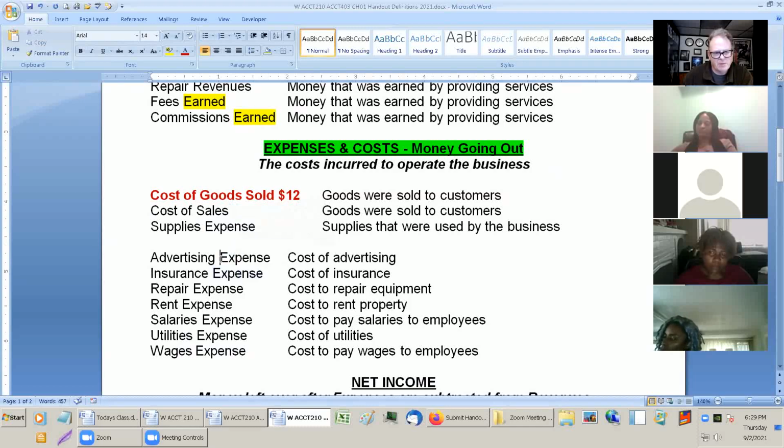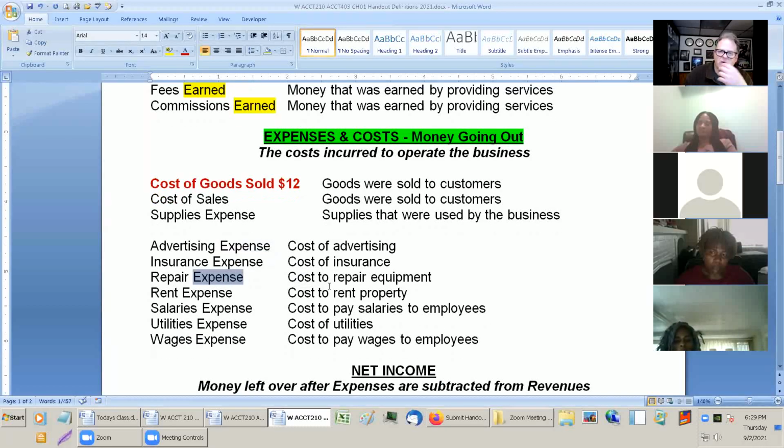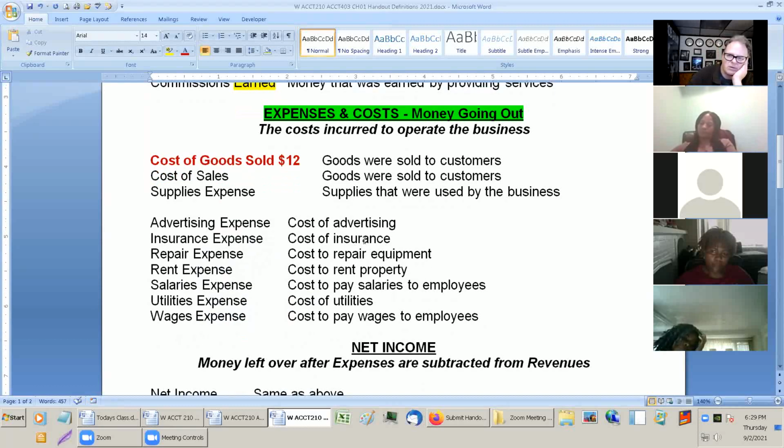But any expense, so if you advertise, it's the cost of advertising. You pay insurance, the cost of insurance, repair, cost of repair equipment, whatever. Anything that you pay money out that is necessary for the business. So salaries expense, utilities expense, and so on. So expenses are money going out.